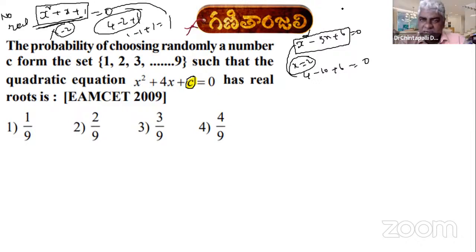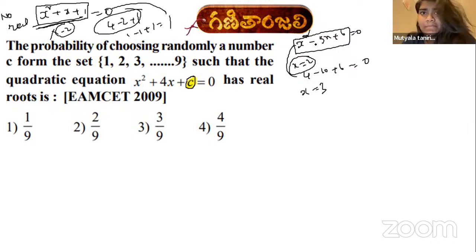And for x square minus 5x plus 6 is equal to 0, this equation is satisfied by both x equal to 2 and x equal to 3. So that means some equations have real solutions, some equations don't have real solutions.